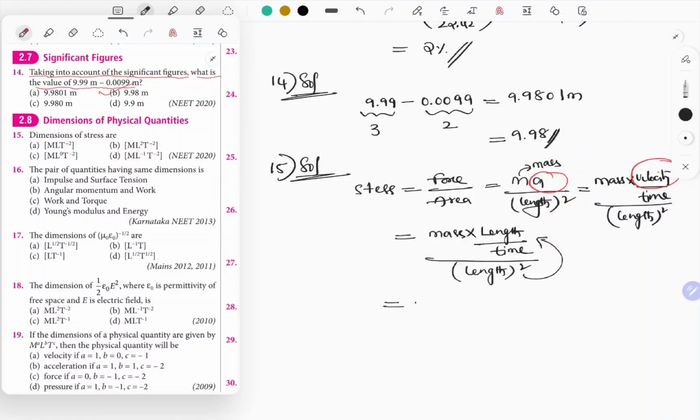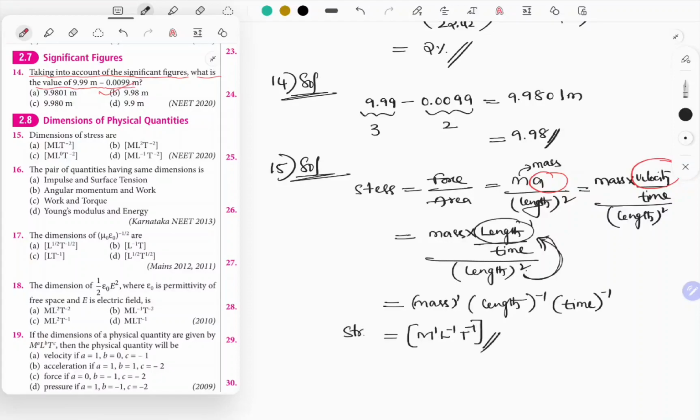So the final answer is going to be mass power 1, length power minus 2, and already length power 1 will be there, so it will become length power minus 1. And we have time in the denominator, that is time power minus 1. So the final dimensional formula for stress is M power 1, L power minus 1 and T power minus 1. This is stress.